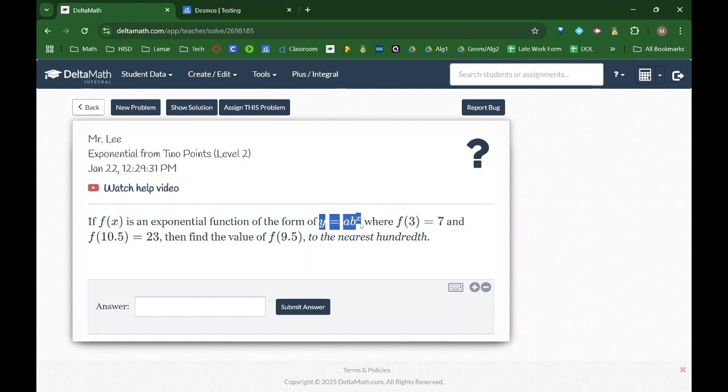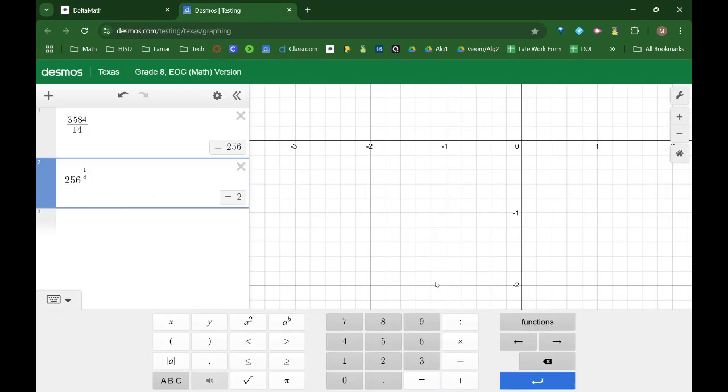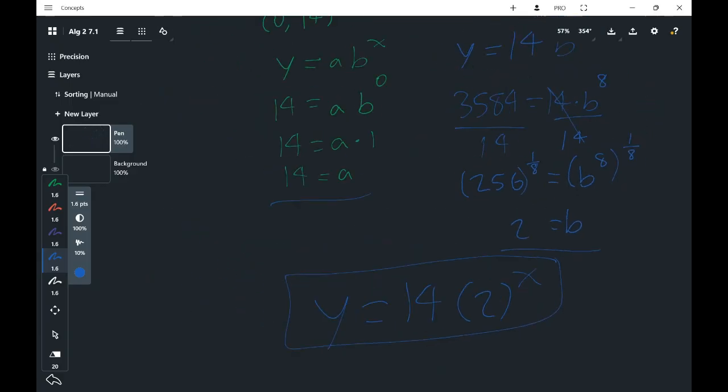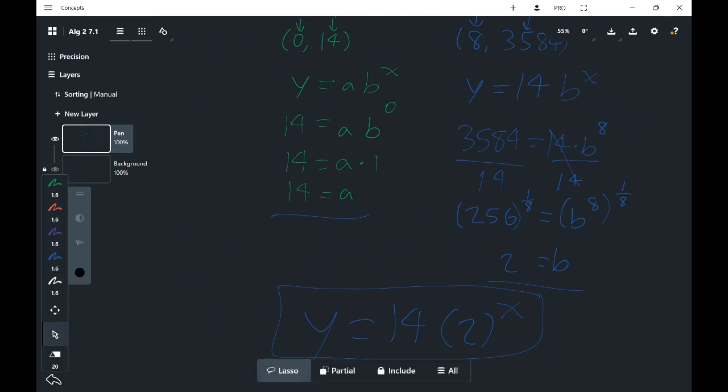They're telling us it's of this form, and they tell us 2 points, but they're not writing them like points. They're telling us when x is 3, y is 7. So that's really just a more complicated way to write a point, but we can solve it similarly.